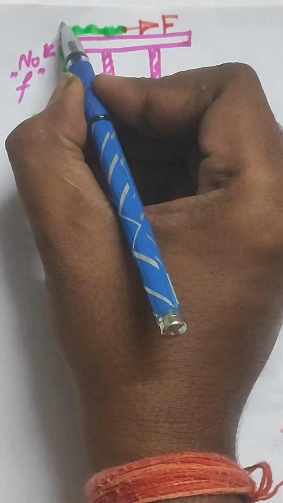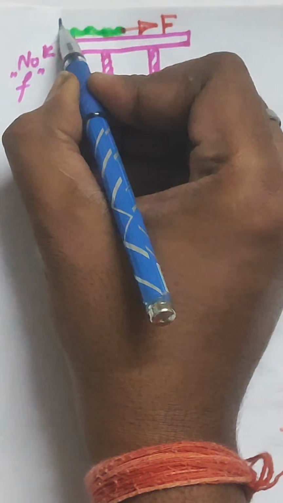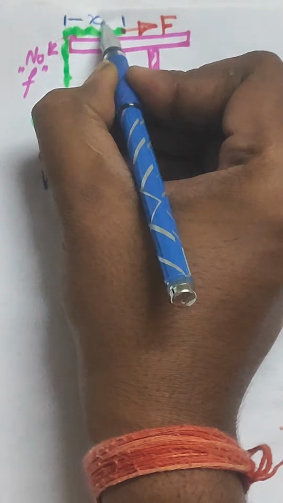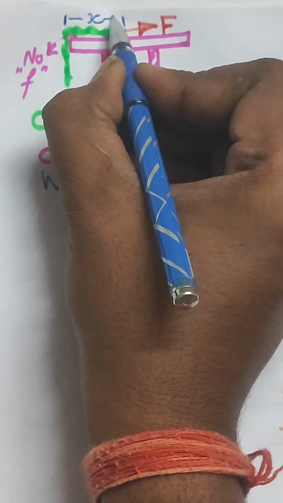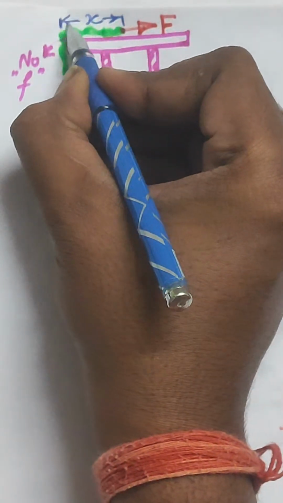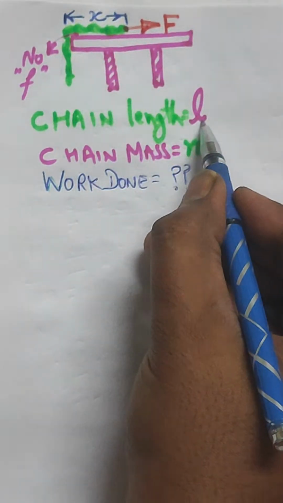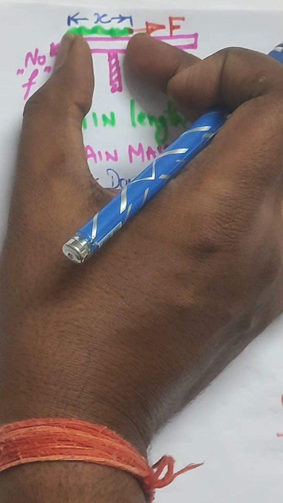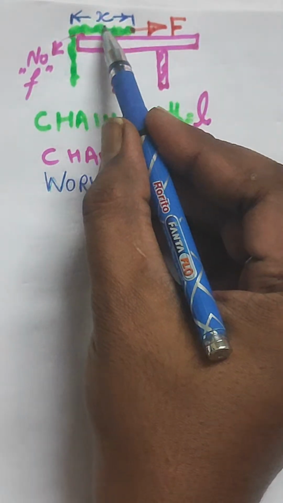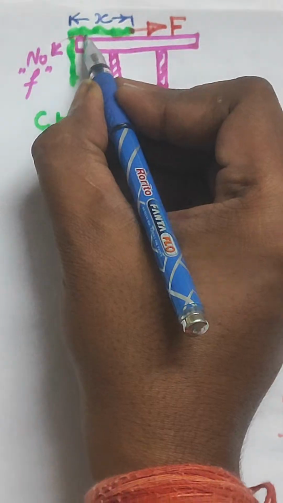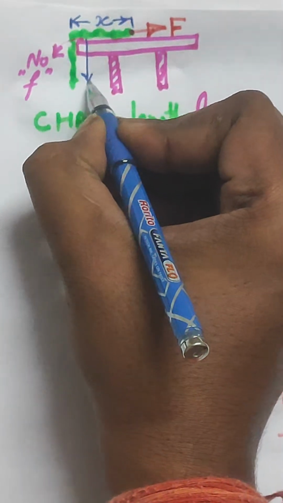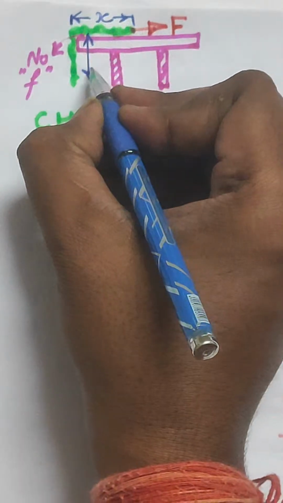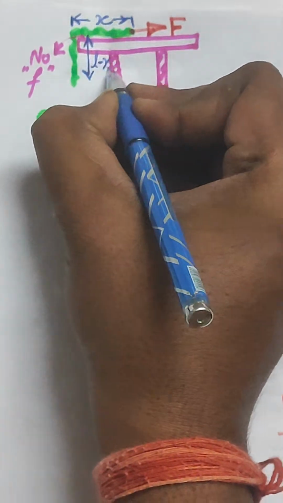So let us say if the entire length of the chain is L and the section of the length of the chain which is lying on the table is x, then what is the length of this part of the chain which is hanging? This will be L minus x.